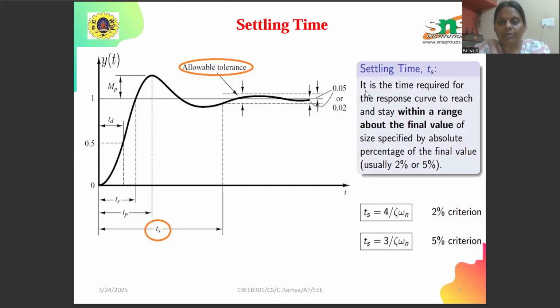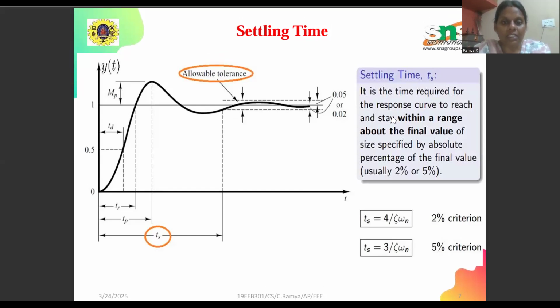Settling time can be defined as the time required for the response curve to reach and stay within a range about the final value of a size specified by an absolute percentage of the final value. So we have some allowable tolerance, which is differentiated as the 2% criterion or the 5% criterion.